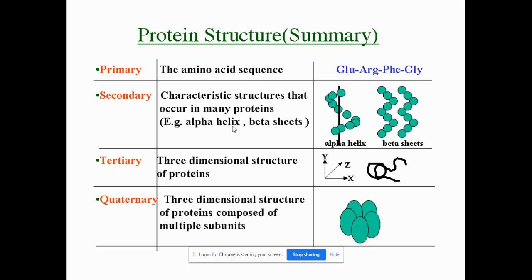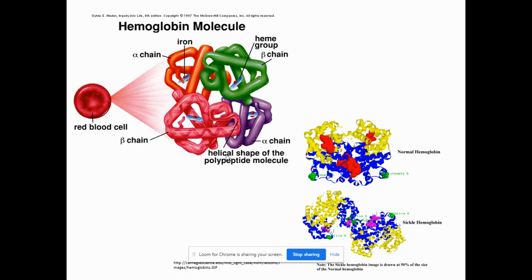When we say a protein is denatured, in the process of denaturing, the protein will lose this structure, and when it loses its structure, it no longer performs its normal function.